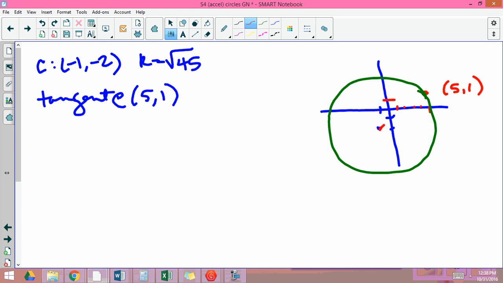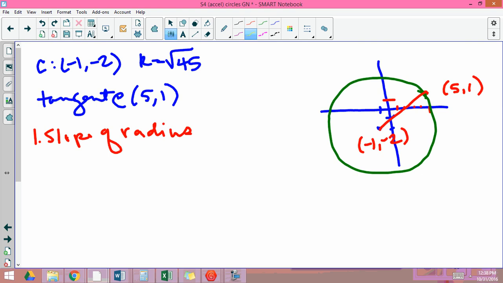Here's the radius that we are looking at. So right now we need to find the slope of the radius. And we're going to do that because the slope of that tangent line that we're trying to find the equation of is the opposite reciprocal.